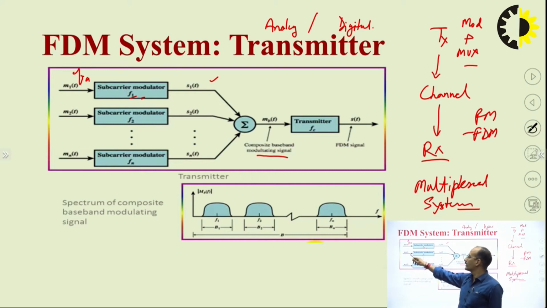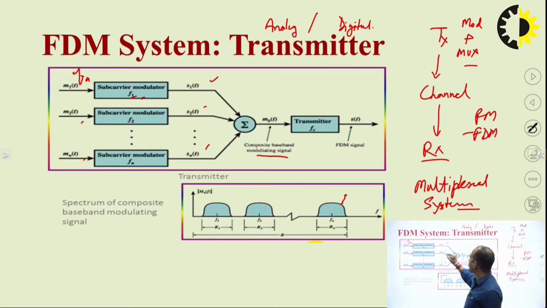Similarly, we convert M2(t) into S2(t), MN(t) into SN(t). Now, by using a summer, we will combine all these signals and get a combined composite baseband modulating signal.